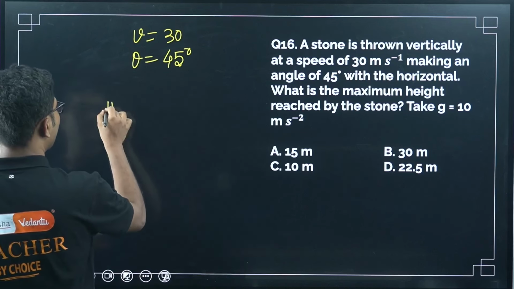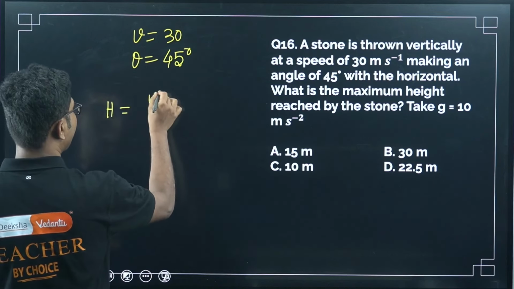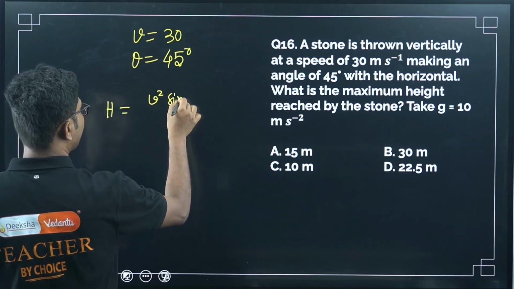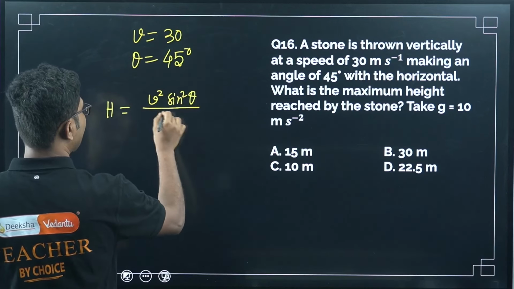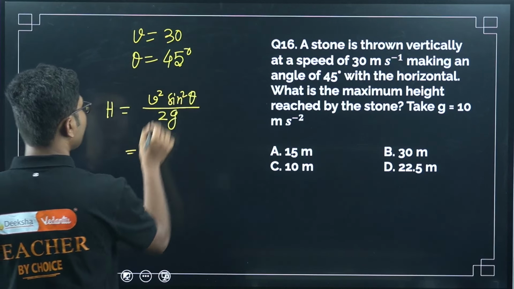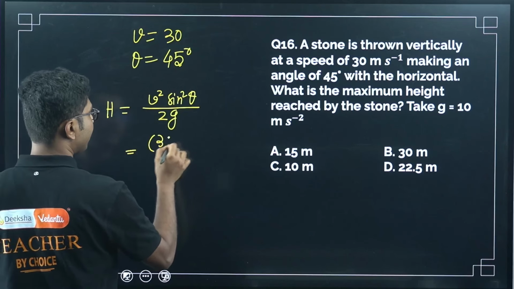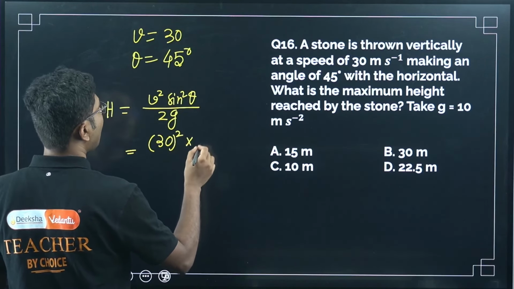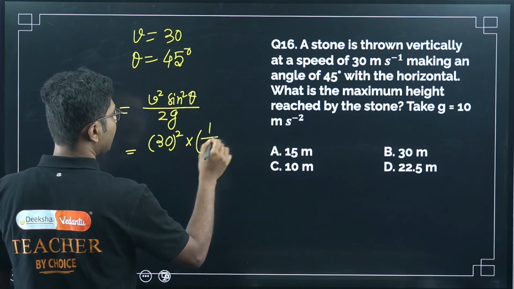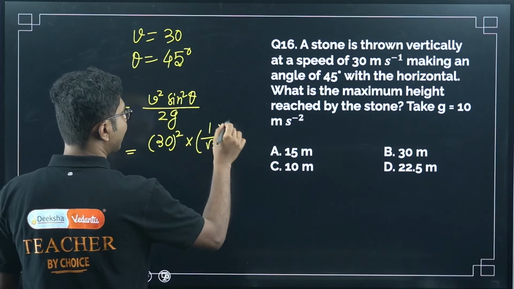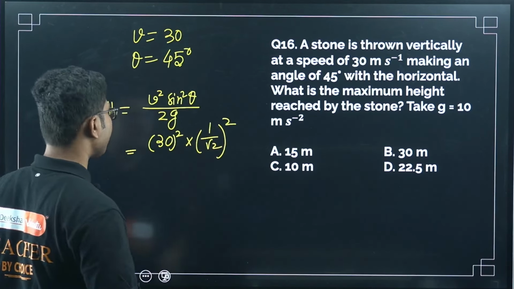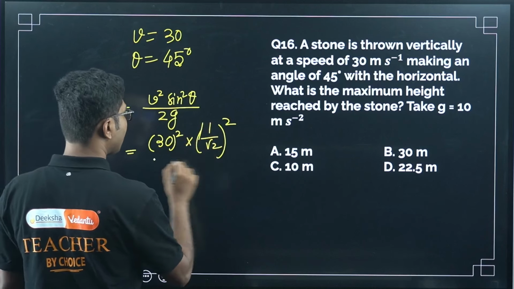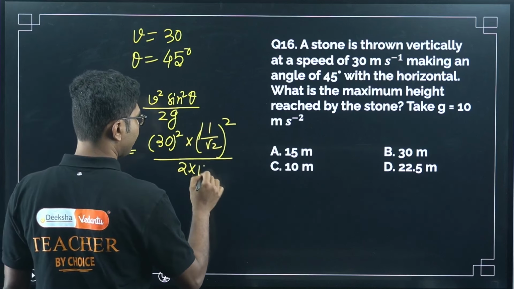So height formula is v square sine square theta divided by 2g. So v square is 30 square, sine 45 is 1 by root 2, so sine square theta is 1 by root 2 whole square, divided by 2 times 10.